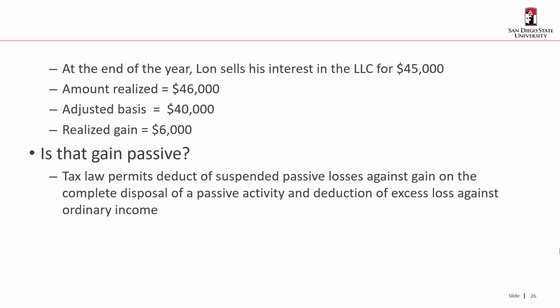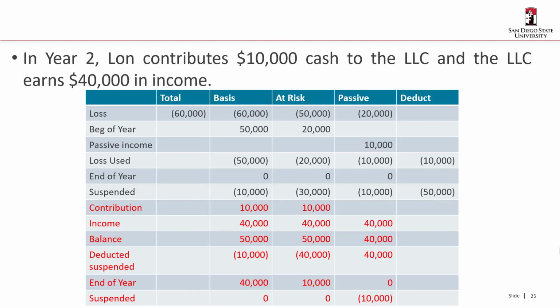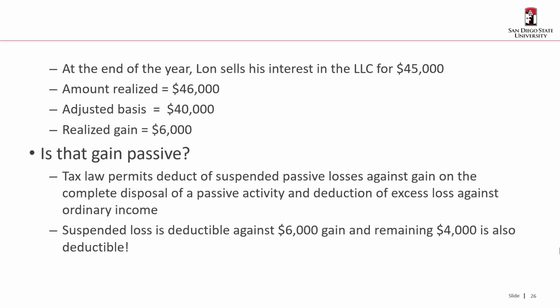So when you depart from a passive activity, the general rule is you can go ahead and deduct those losses. So the suspended loss of 10,000, right? Let's go back and take a peek. The suspended loss under the passive activity rules of 10,000, 6,000 of that is offset against the gain, and the remaining 4,000 is also deductible because he is out of the position. He has terminated his interest in that passive activity.